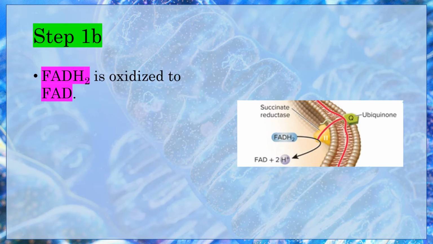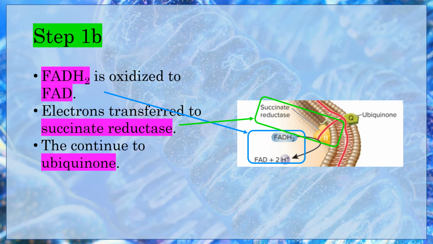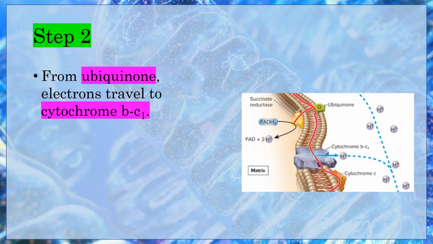1B. FADH2 is oxidized to FAD, as seen here. Electrons are transferred to succinate reductase, which is another form of an enzyme, seen in the green. This is continued to ubiquinone, seen in the purple. 2, from the ubiquinone, electrons travel to the cytochrome BC1, which is just another protein carrier.